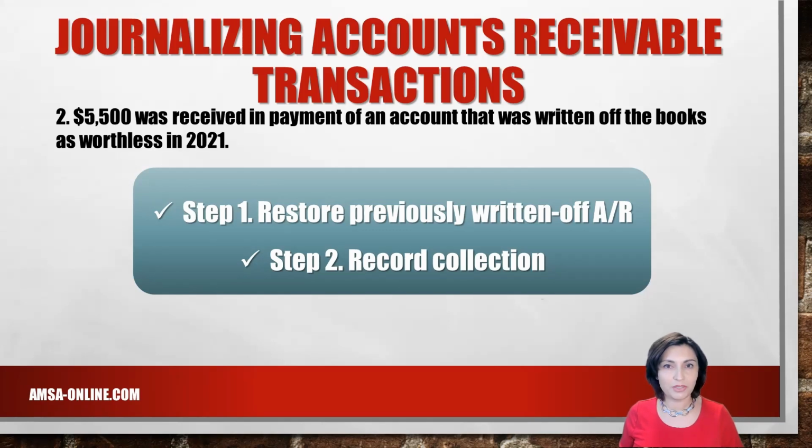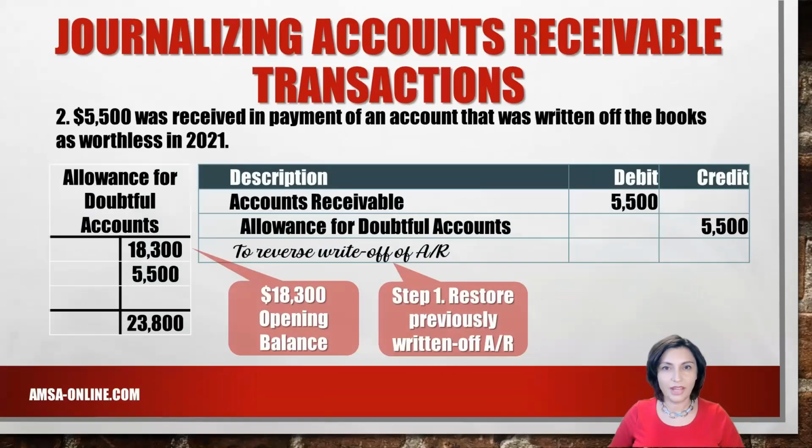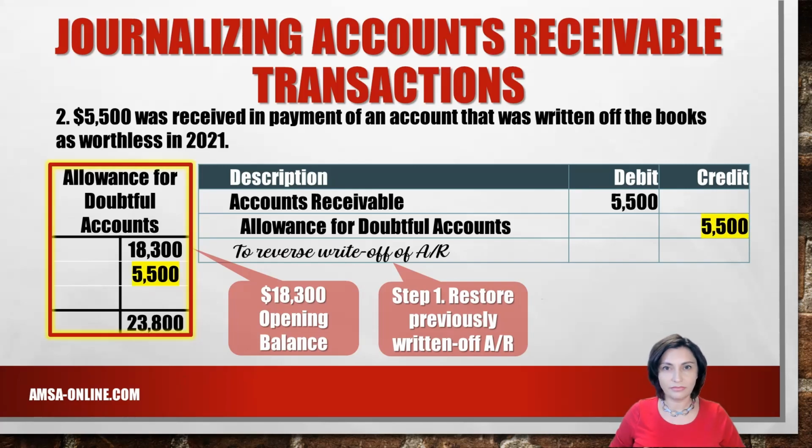The second step is to receive payment. To reverse the write-off transaction, we need to debit or increase accounts receivable and credit or increase the allowance for doubtful accounts by $5,500. Let's start tracking the balance in the allowance for doubtful accounts account.